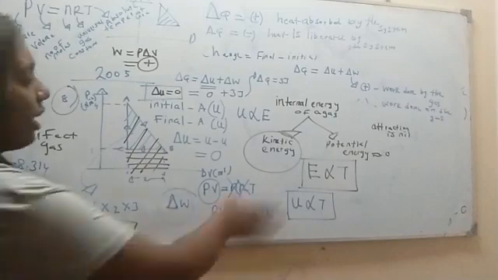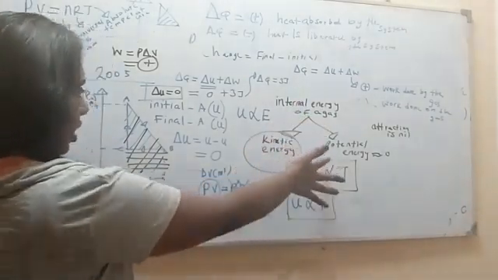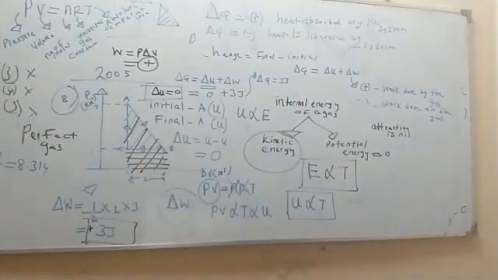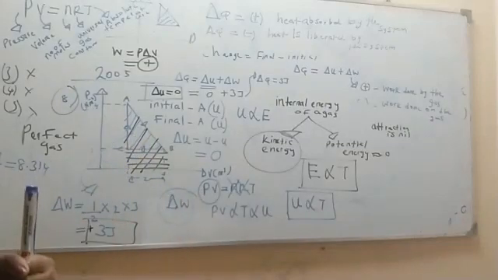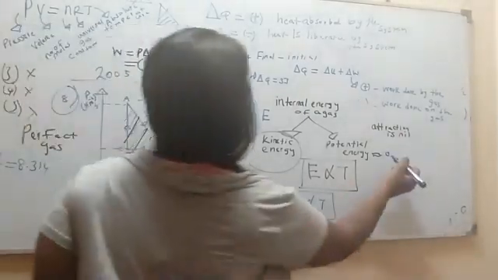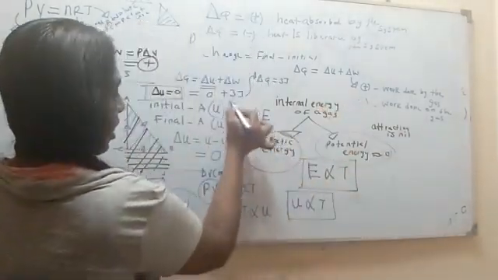Then here what I have written is internal energy. There are 2 types: kinetic energy and potential energy. For ideal gas molecules, there is no attraction. Potential energy means, if there is plus and minus, it is attracting. So potential energy for ideal gas molecules is zero. That's why I said internal energy only depends on kinetic energy.